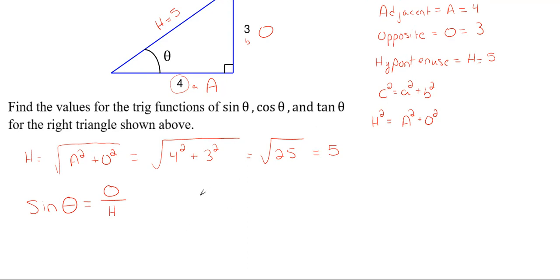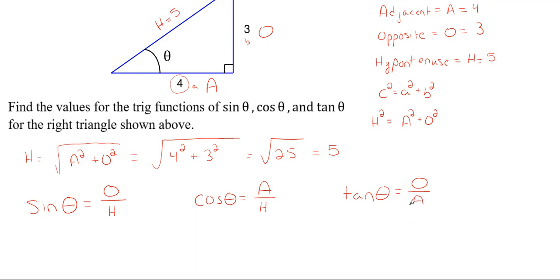Our cosine of our angle theta is going to be equal to the adjacent side over the hypotenuse. And then lastly, our tangent of our angle theta is going to be equal to the opposite side over the adjacent side.